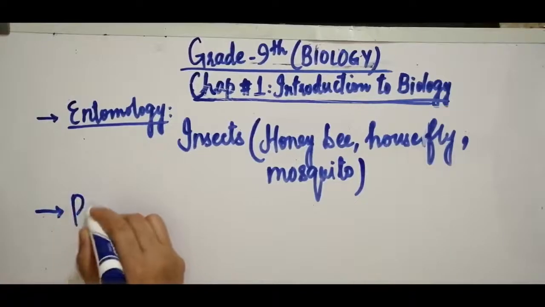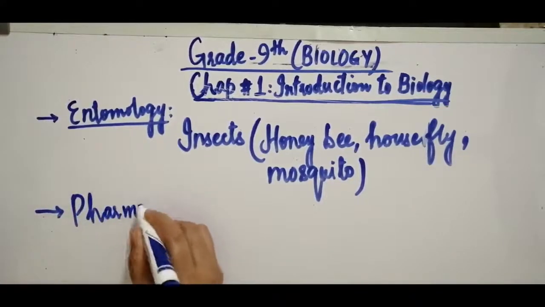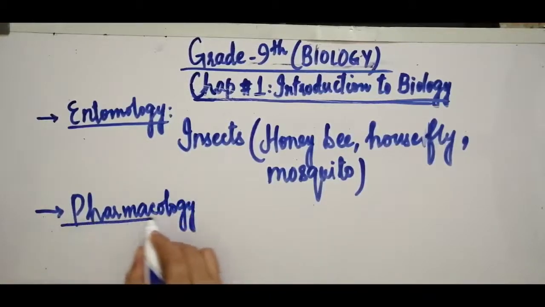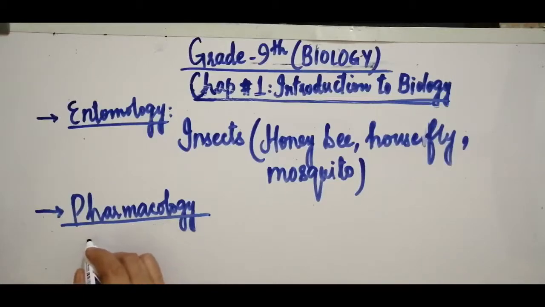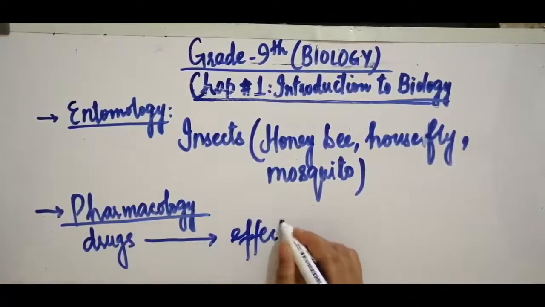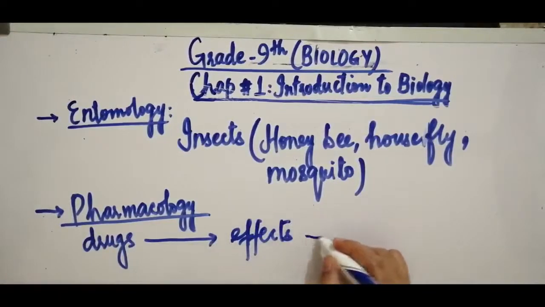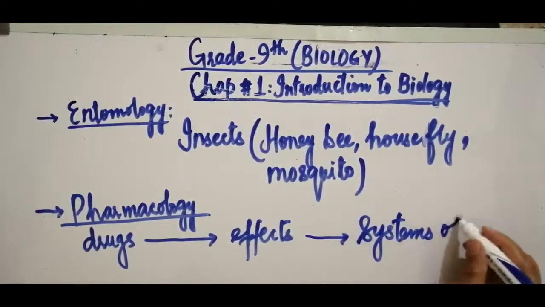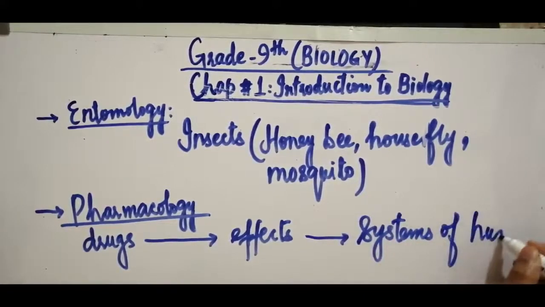Next branch is pharmacology. In the name pharmacology, the word pharma means pharmacy, which is related to drugs and medicines. So it is the study of drugs and their effects on the different systems of the human body.